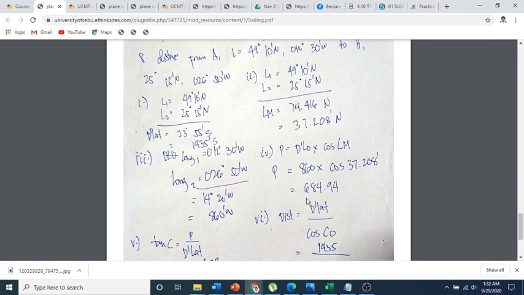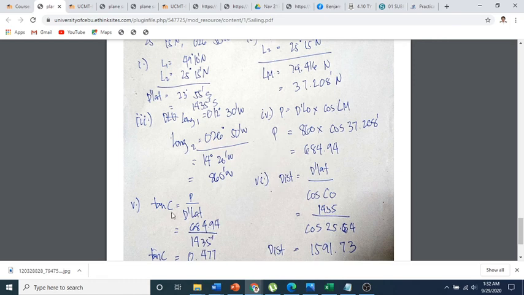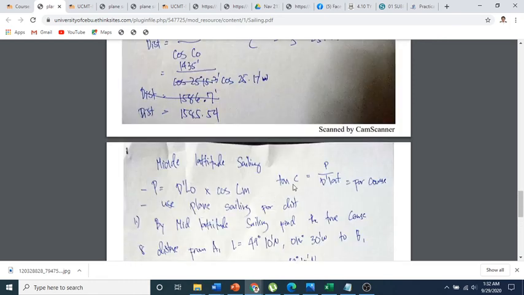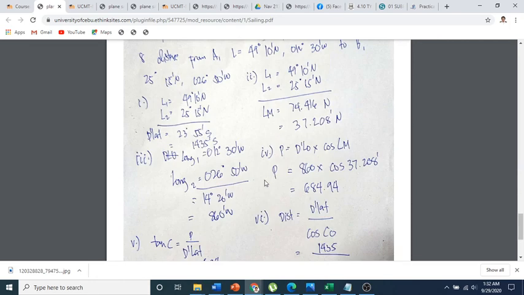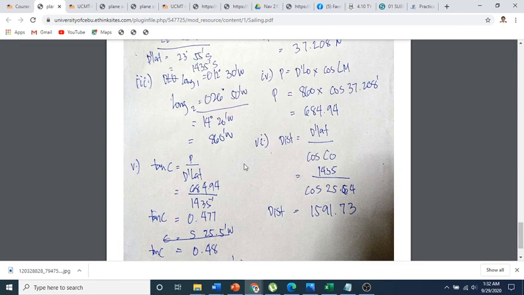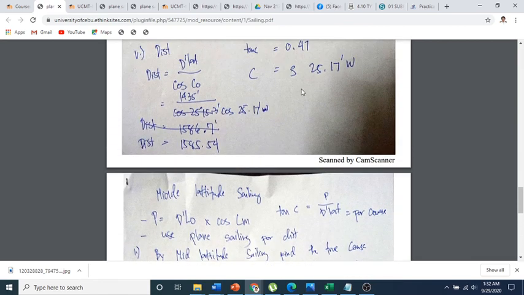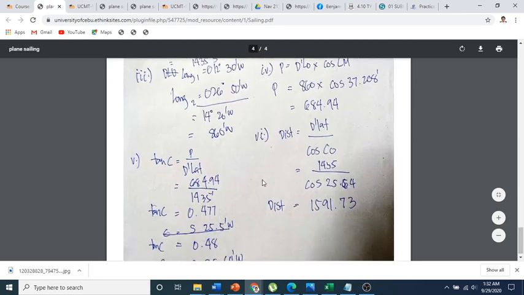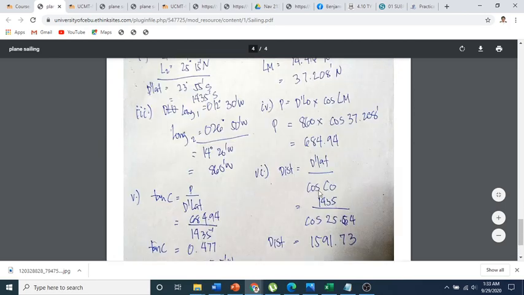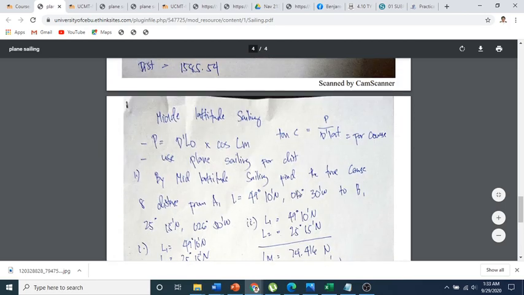This one, we already have the P, and we take this formula for the course. Just simple substitution, we arrive at this course. As you can see, it's almost the same as Mercator, which is 2.5. For the distance, you use the plain sailing.